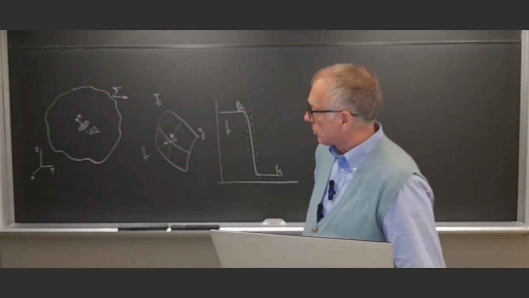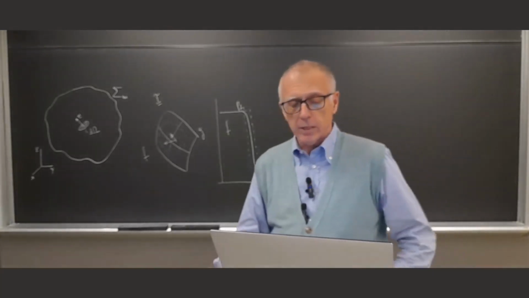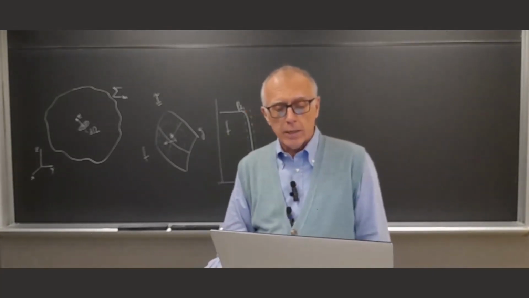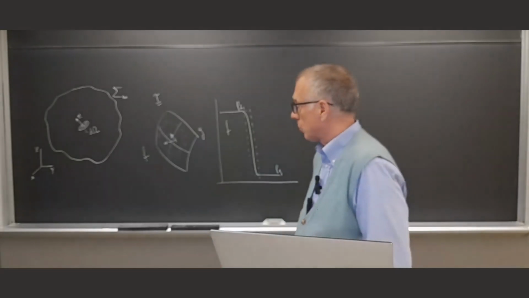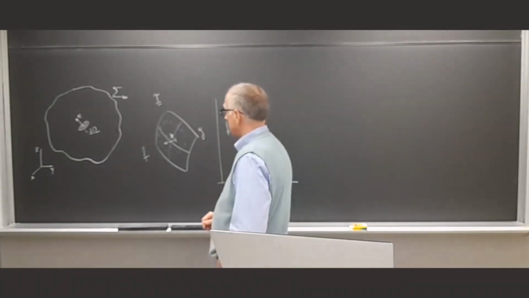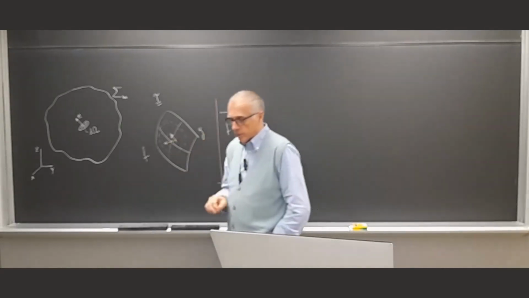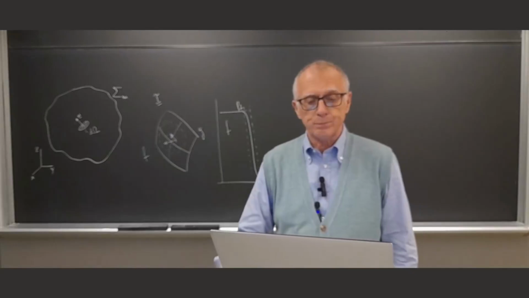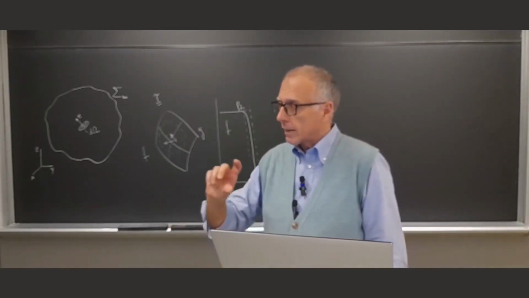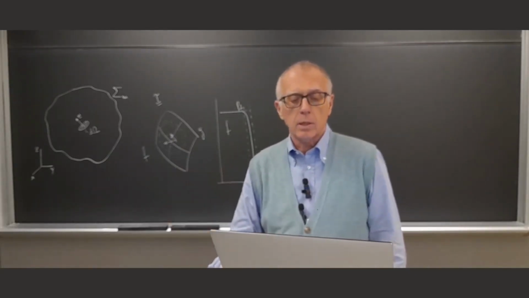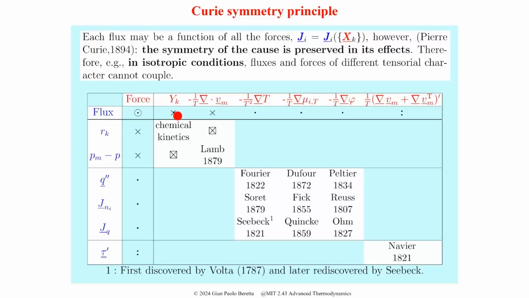And that is used, I think, in models also for biological systems, because that coupling is important. So it's mechanical and chemical coupling. But you need to break the isotropy in order to have this kind of, let's say, exotic couplings.